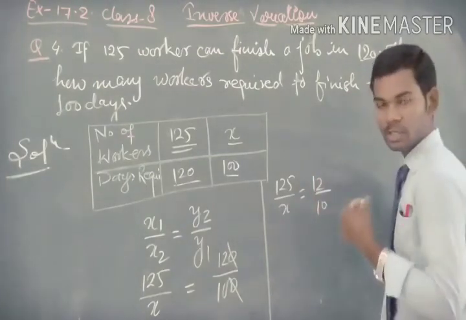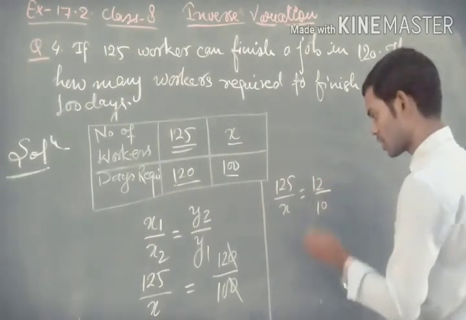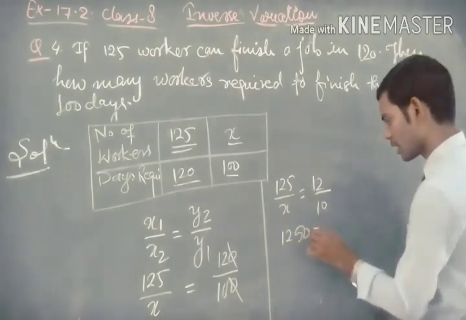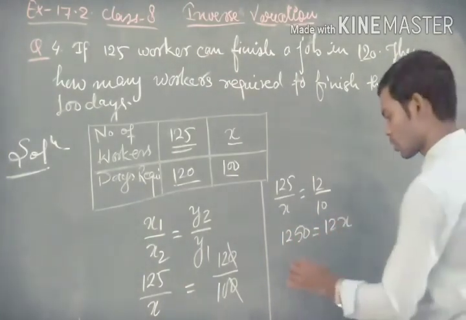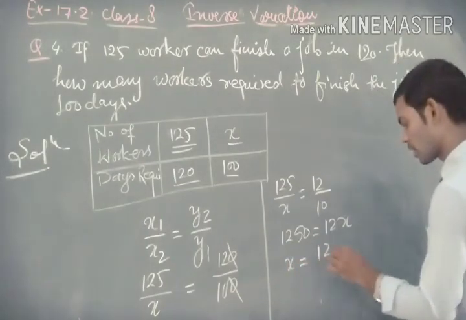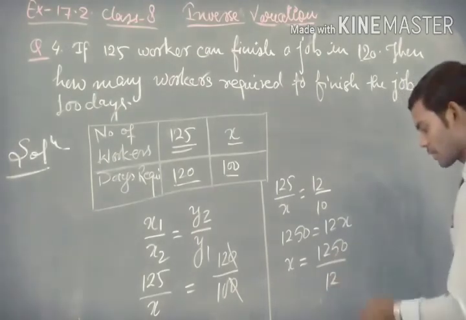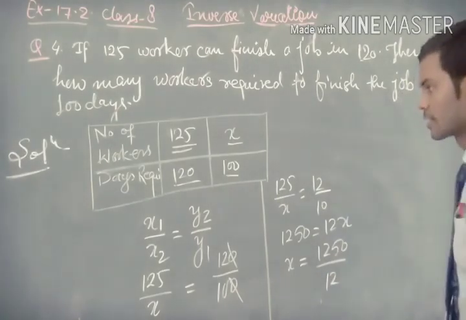Now carrying out the cross multiply, we get 1250 is equal to 12x, or x is equal to 1250 upon 12, and when we divide it, we shall get our result.